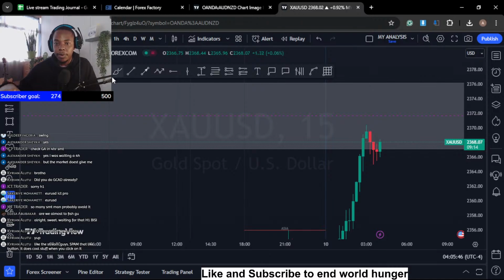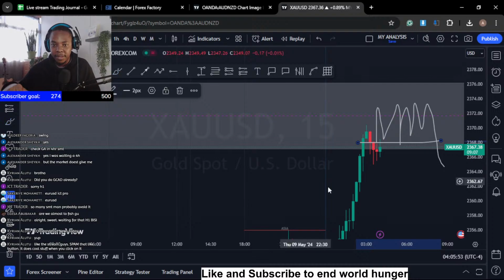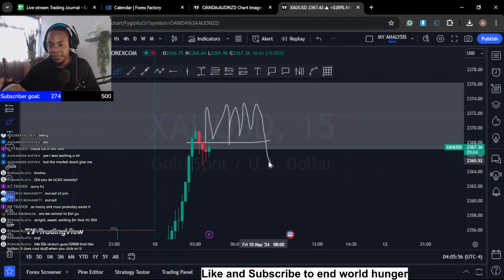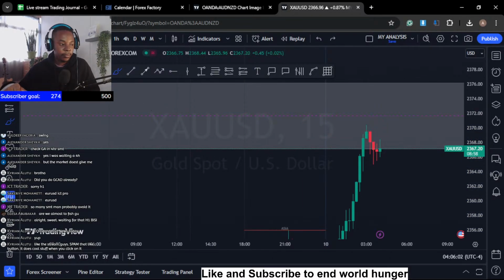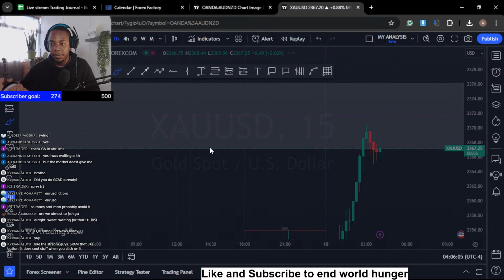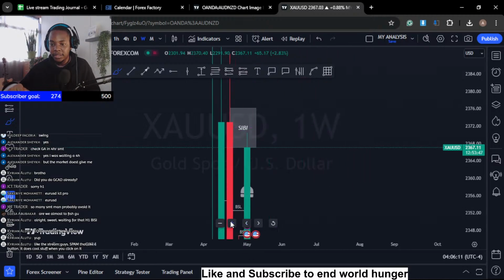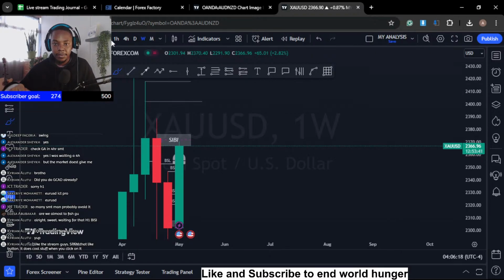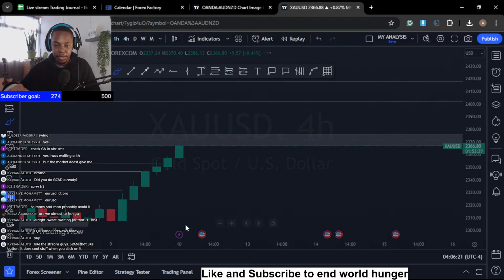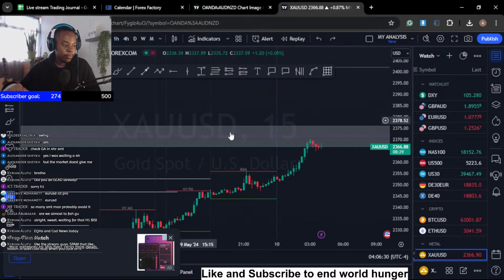I still need more price action to give us more market structure shifts, so I can sell it from there, because we've been bullish since New York session yesterday. I need to see some of that TGIF too, before the week ends. But we'll see how that plays out. I'm gonna save gold for New York session.